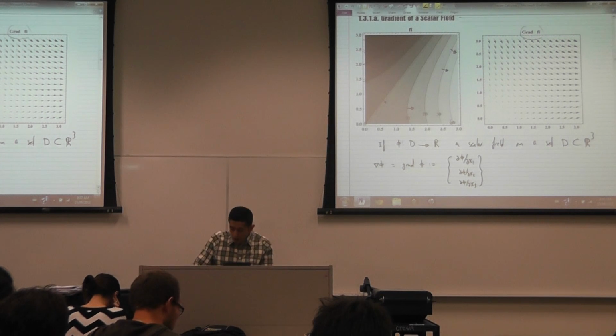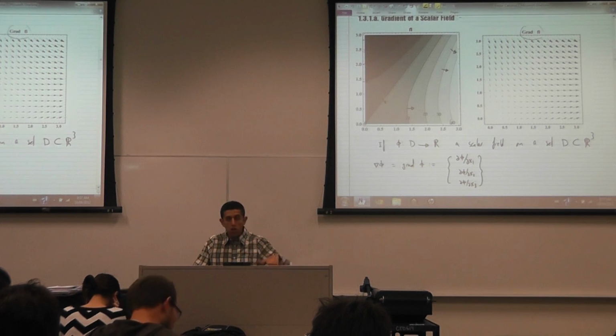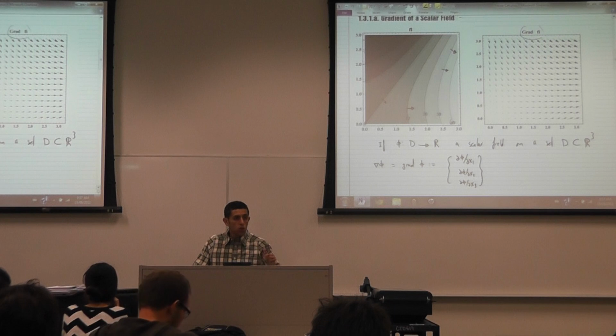For example, if you have a constant temperature, the gradient of phi would be equal to 0, which means at every point you get a 0 vector. Temperature is not really changing around. If you have phi that's only a function of x1, it's only changing in the direction of x1, it's not changing in the direction of x2.